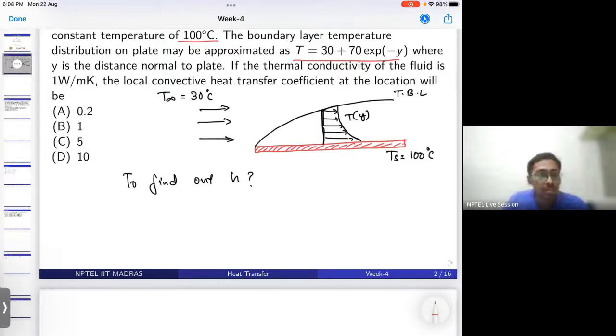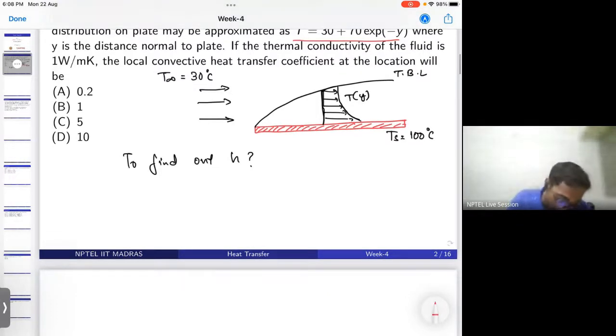We know already that this is the convective heat transfer coefficient h.